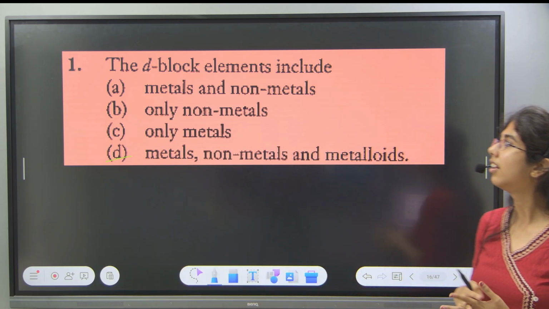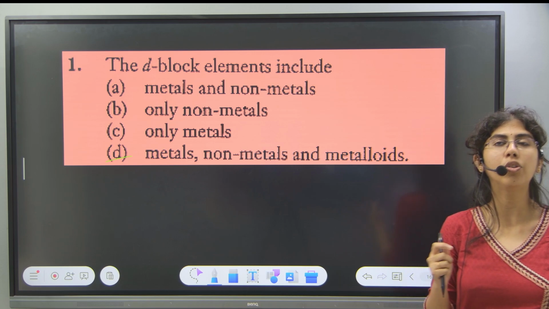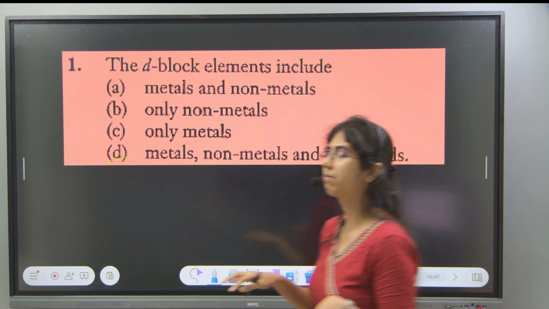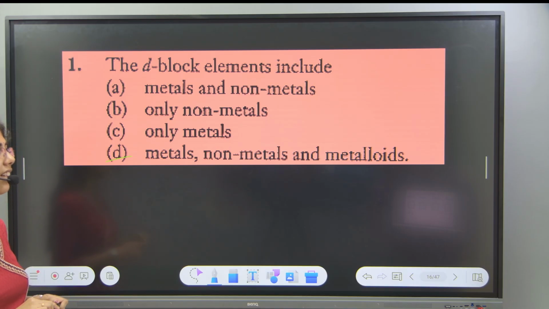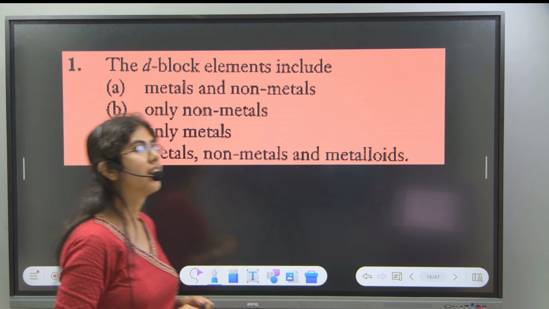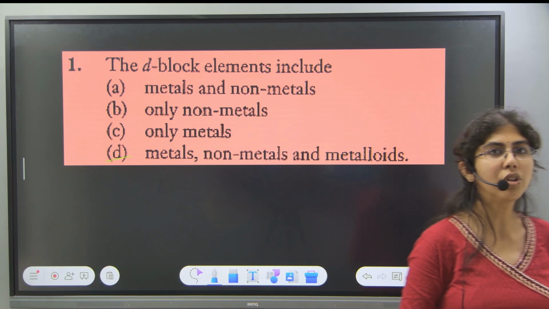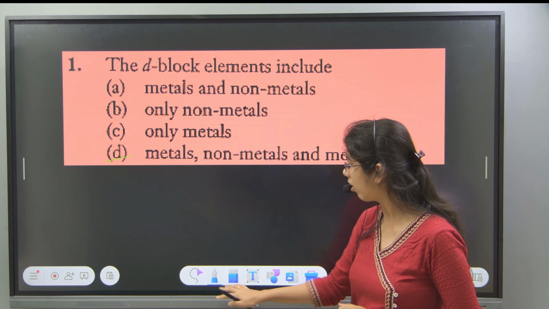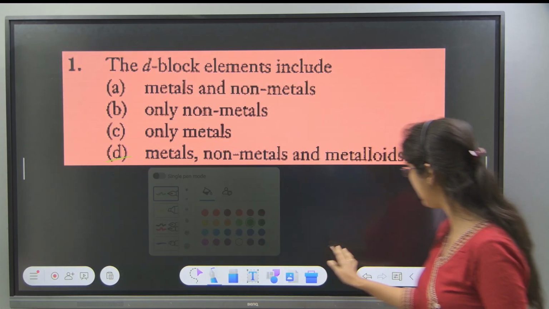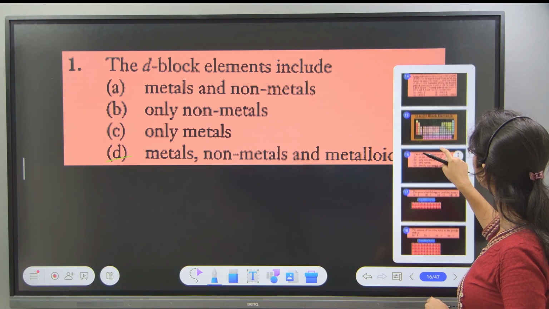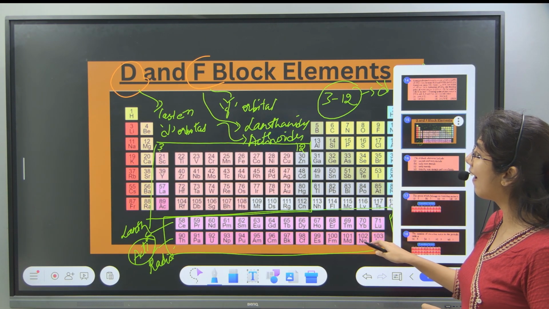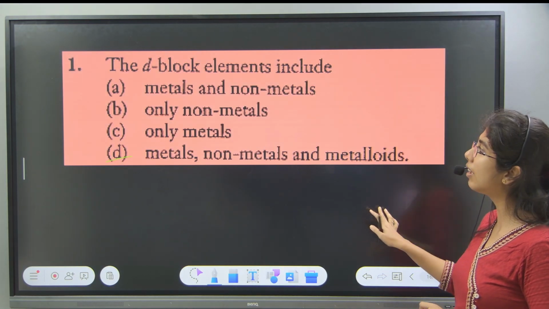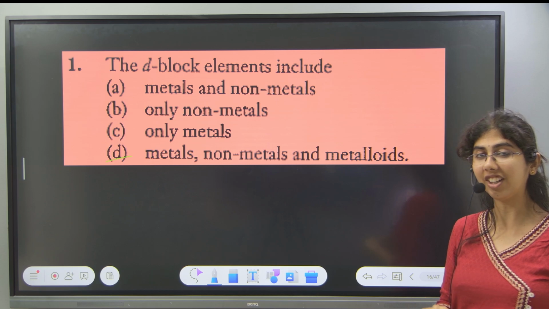What kind of elements do you see in D block? Option D. You would see metals, non-metals and metalloids, everything? Only metals and non-metals?